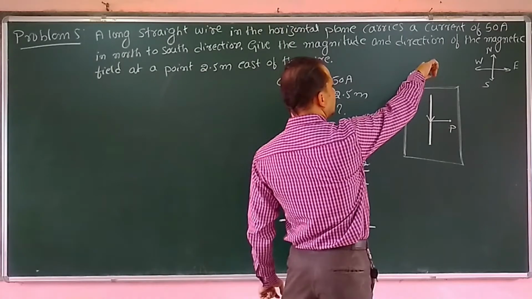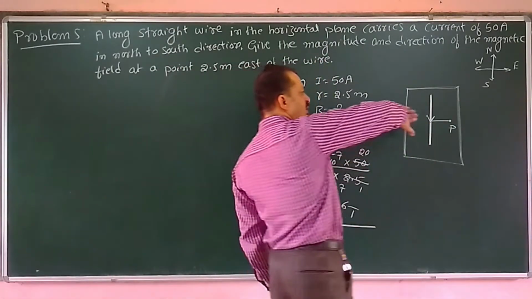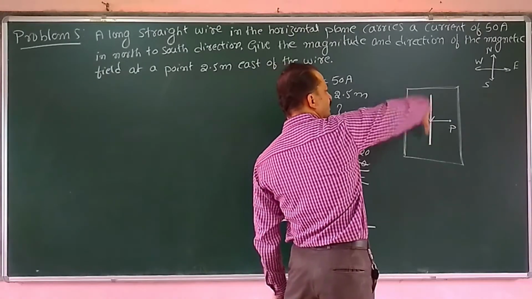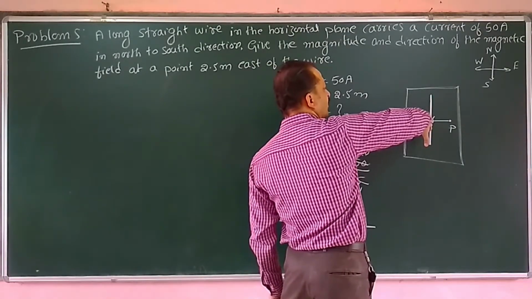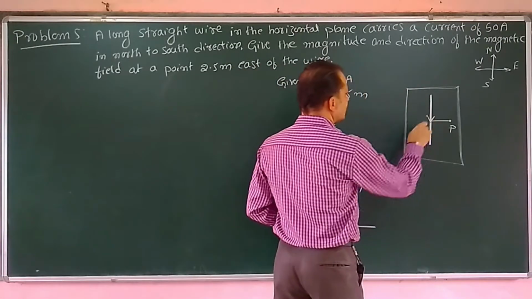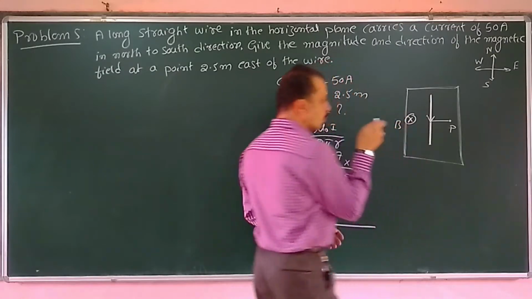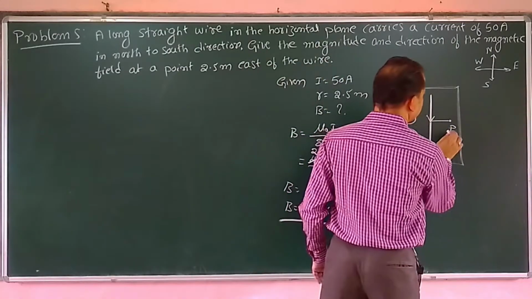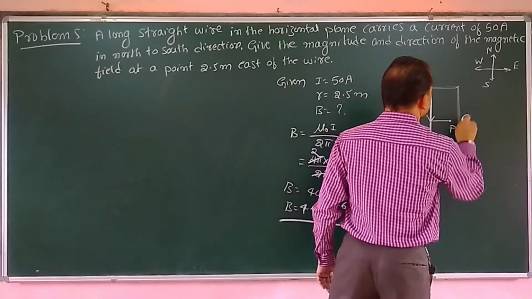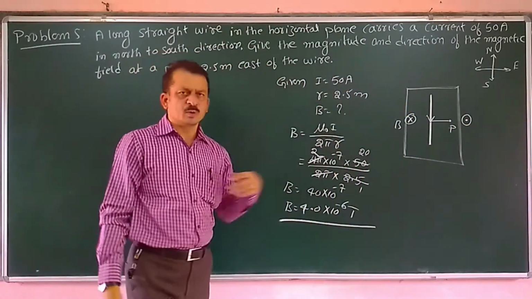Here the current is in north to south direction. If I hold like this, the current is in this direction. So the direction of the magnetic field, on the left hand side, is into the plane of the board. On the right hand side, at the point B, it is coming out of the plane of the board.